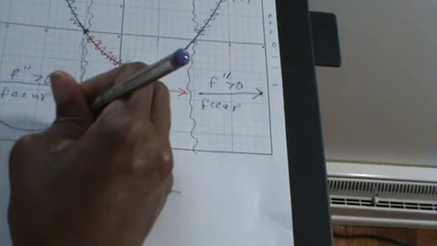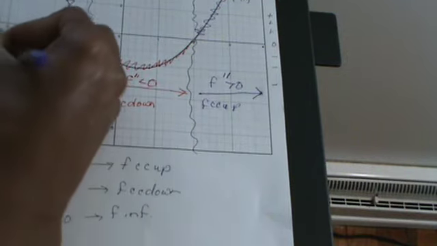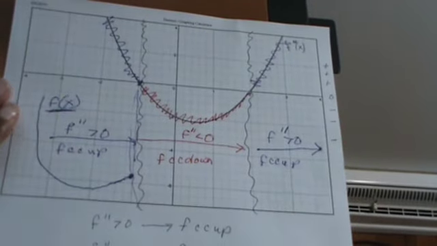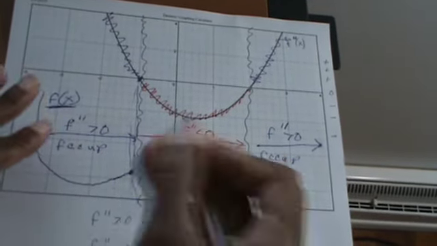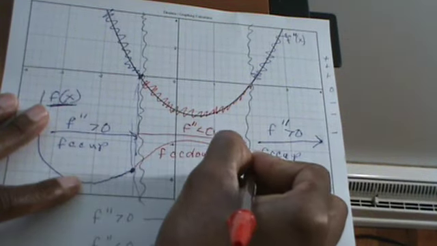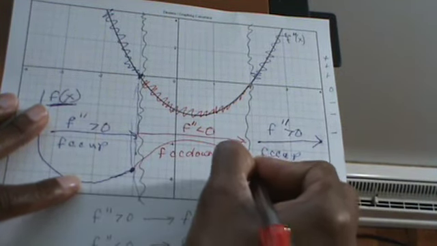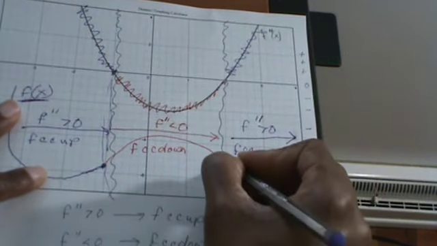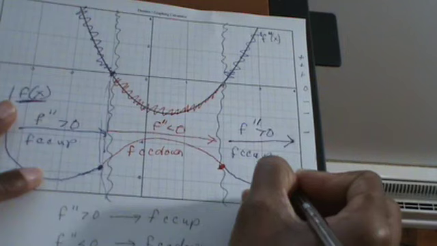You can exaggerate it if you want. Again, this is f of x. Okay, your original function f of x should be concave up. And then in between here, you should have a function that's concave down. How about that? Right there. All right, and then over here, you should have a function that's concave up again.